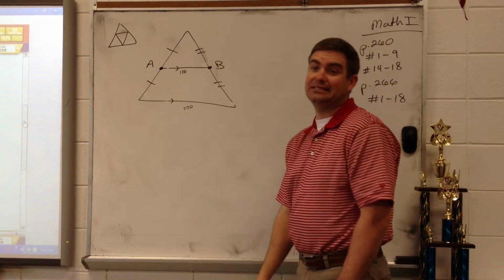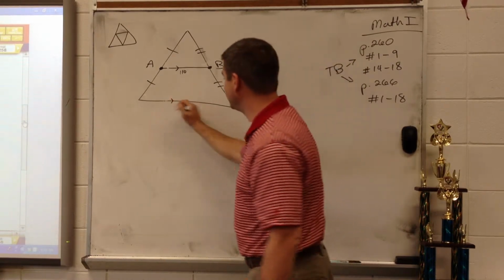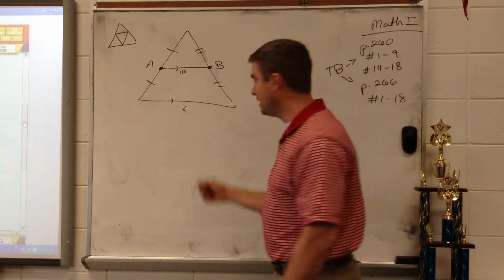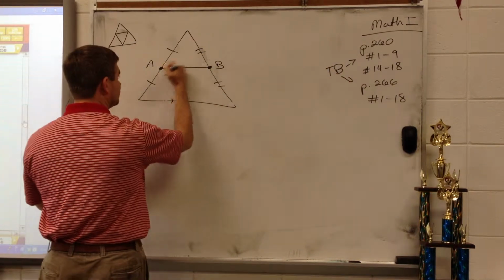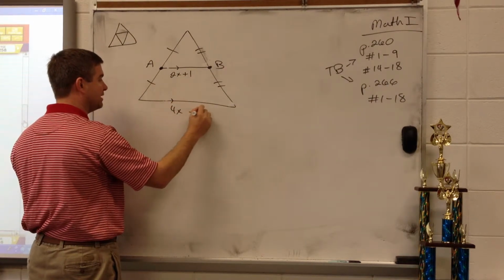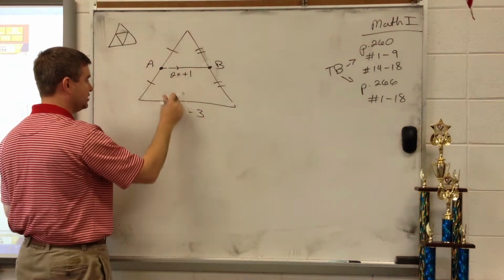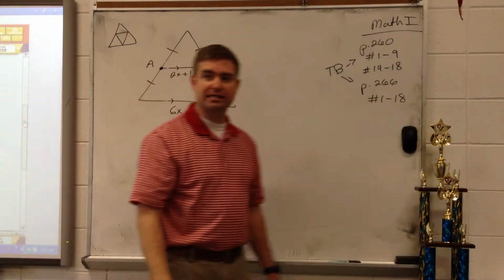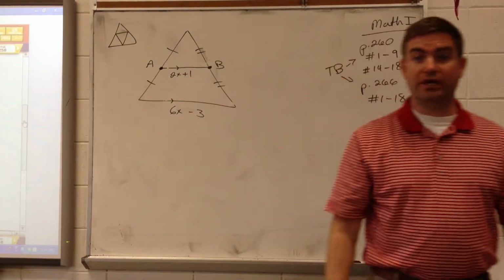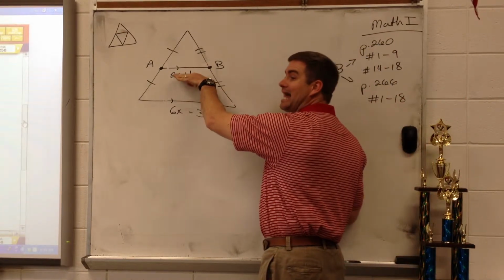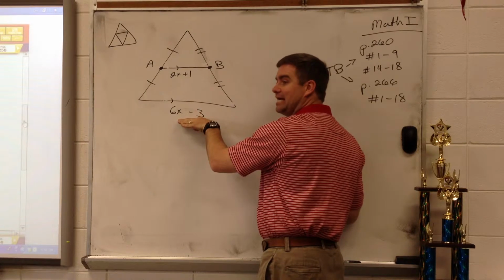Well, that seems easy. And if I just gave you problems like this and said find x, everybody could do that. But they want to throw in some algebra. What if I say 2x plus 1 and 4x minus 3? Let's change this into 6x. Sorry. Change that into 6x. Write that down. We know from the theorem that the property is that the midsegment is half as long as the third side.